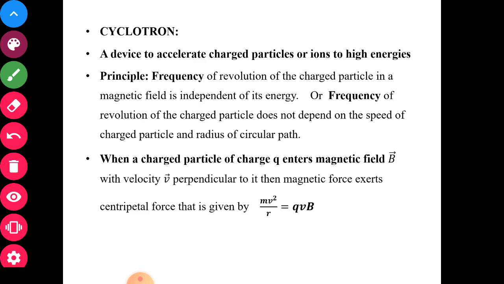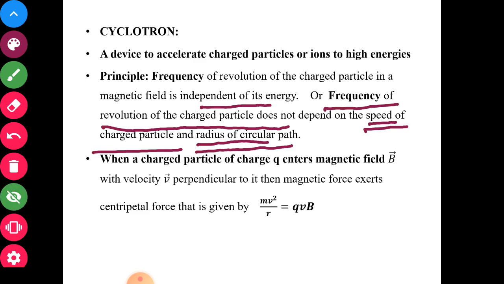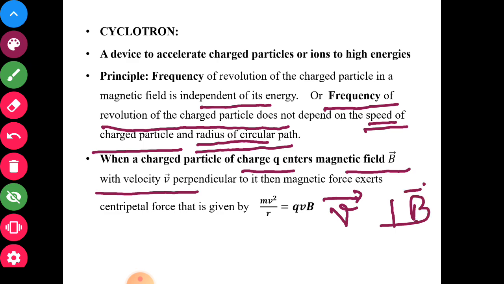When a charged particle of charge q enters the magnetic field B with velocity v, now see, the charged particle is having charge q. It is entering in the magnetic field of magnitude B and direction, then it is vector B, with velocity v. Now velocity v is perpendicular to the magnetic field.